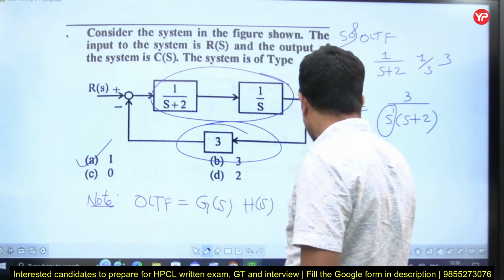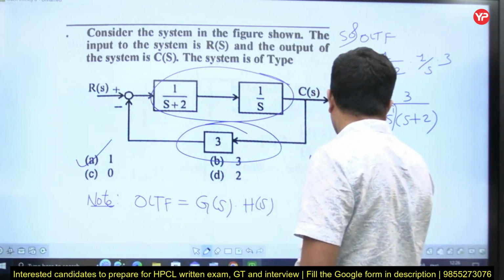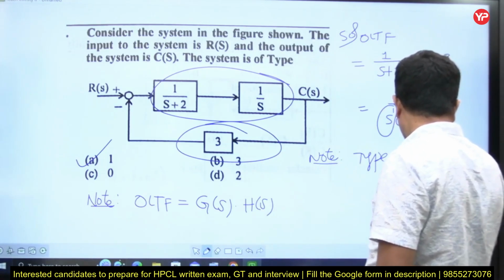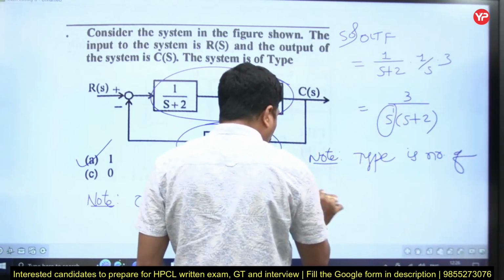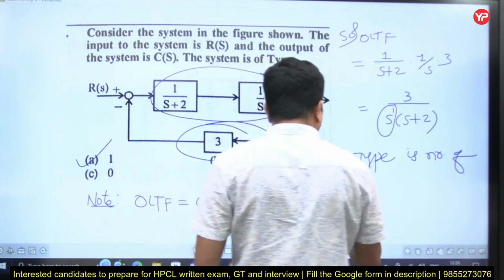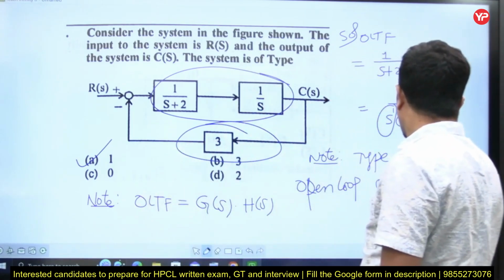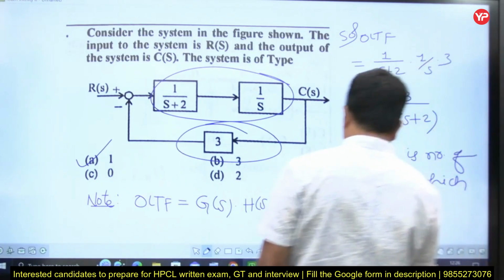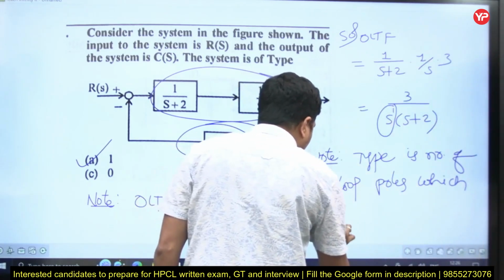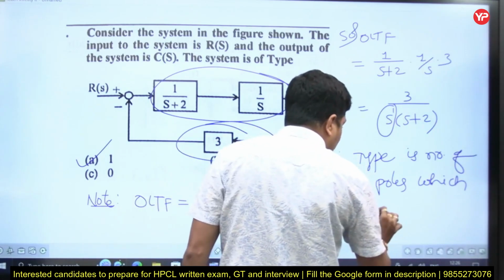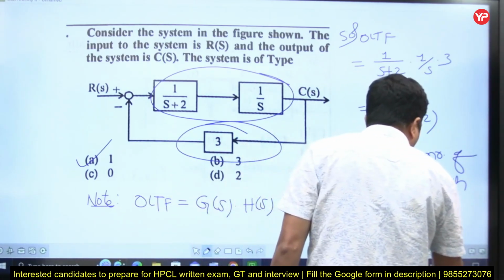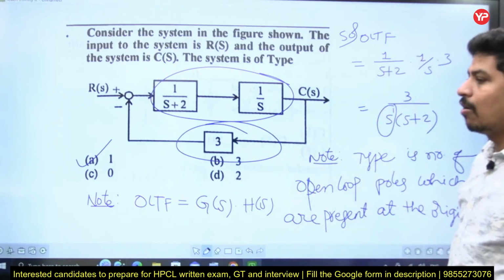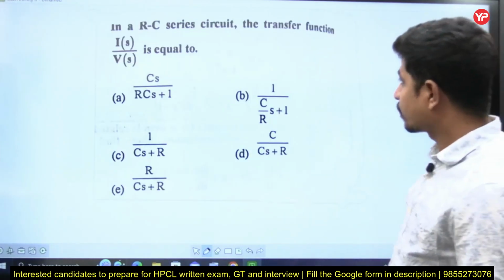Another note: type is the number of open loop poles which are present at the origin. Let's go to the next question.